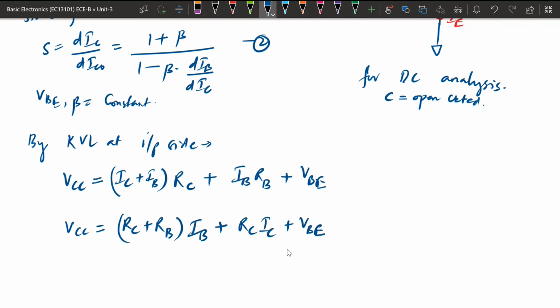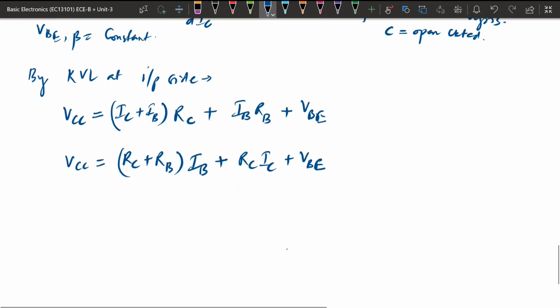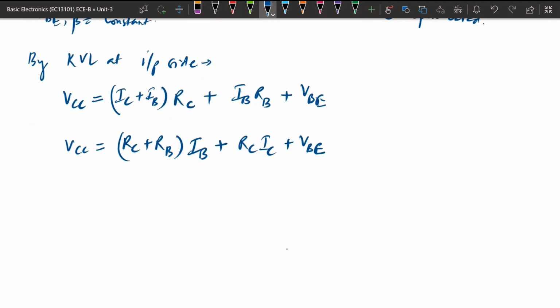Okay, so to find the stability value, we need to find del IB by del IC. So here we need to differentiate it. Once we differentiate with respect to IC, this will be 0.